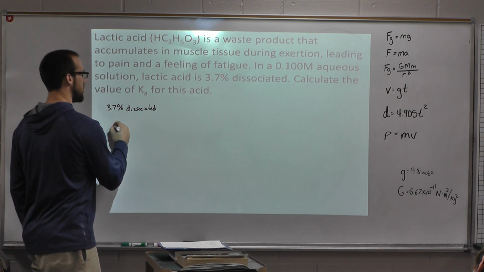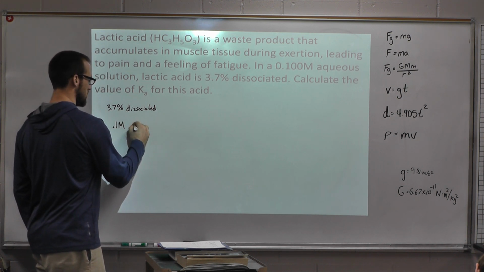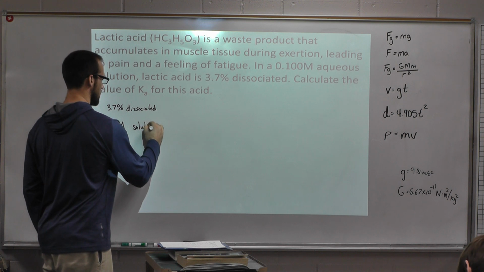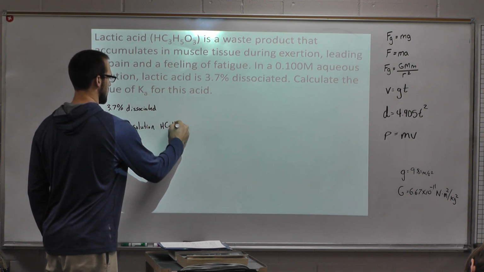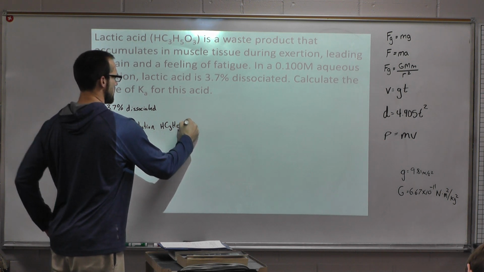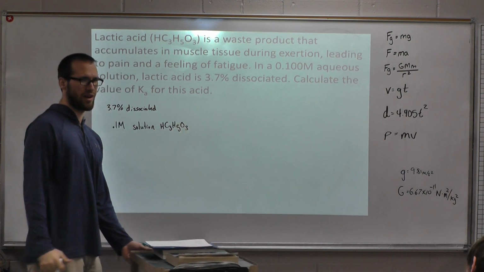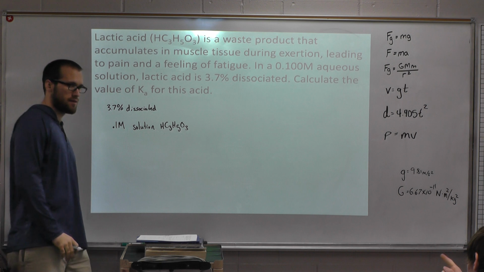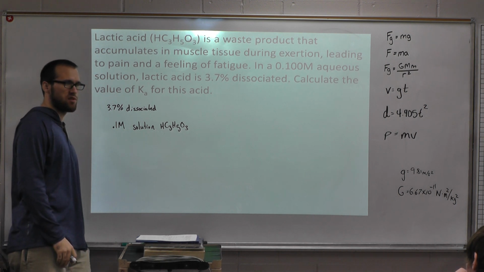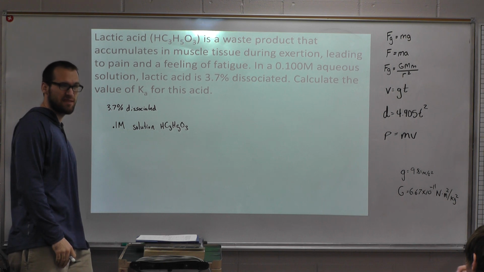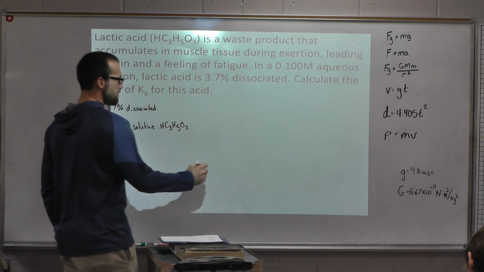They told us it's a 0.1 molar solution. So they told us virtually nothing. What do we do? Okay, so you're saying use the percent dissociation equation to find X. Perfect.